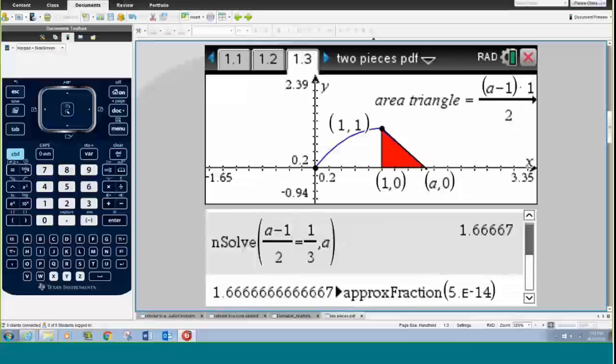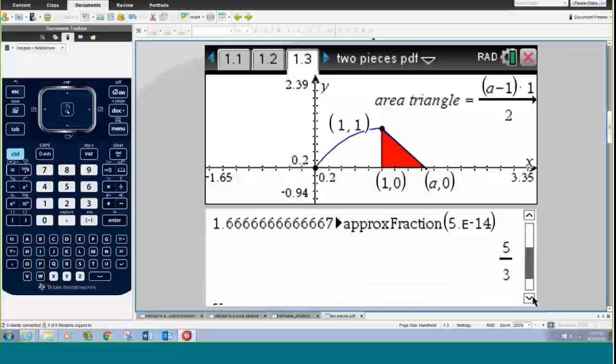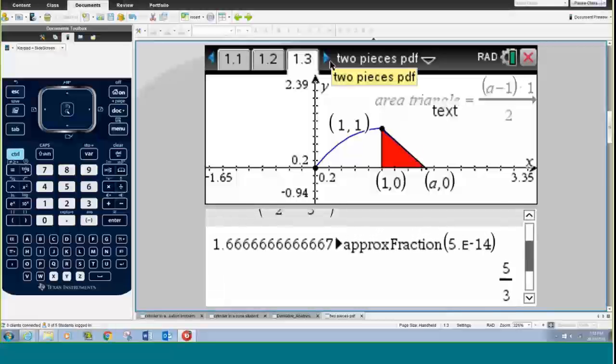I made this construction here, so this is the parabolic part and the straight line part. So we know it's (1, 0), (A, 0), so clearly the area of the triangle is (A minus 1) times 1 on 2. If we do numerical solve for A, the area of the triangle needs to be 1/3, that's what we had left, and we change to a fraction, we get the value of A being 5 on 3.